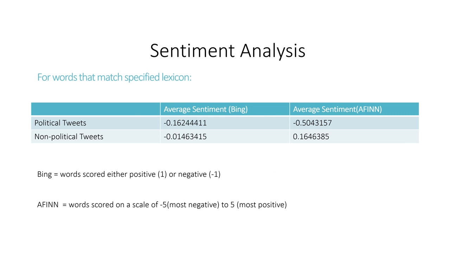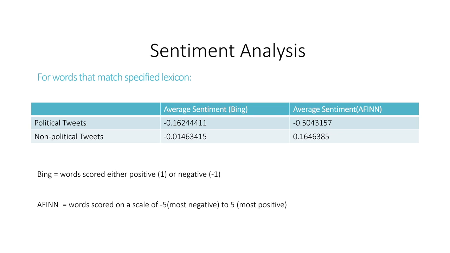Another way to explore this data is through a sentiment analysis. As a high-level first look, here's what I did. I calculated the average sentiment of political tweets and non-political tweets based on two different lexicons. First I used the Bing lexicon, which scores words as either positive or negative.